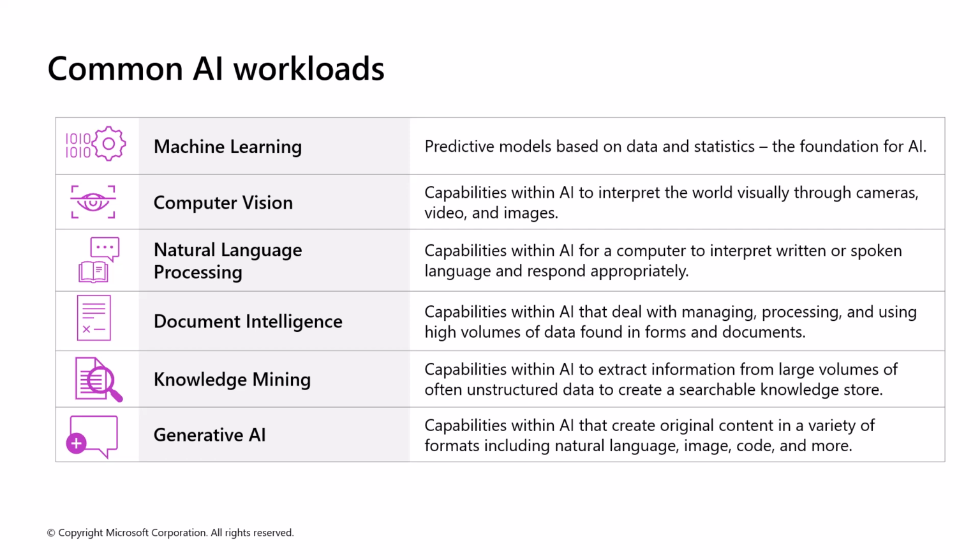One, analyze and interpret text in documents, email messages, and other sources. Two, interpret spoken language and synthesize speech responses. Three, automatically translate spoken or written phrases between languages. Four, interpret commands and determine appropriate actions that you need to take.